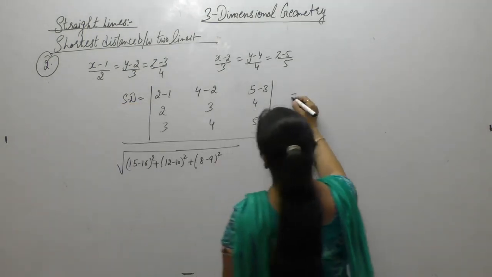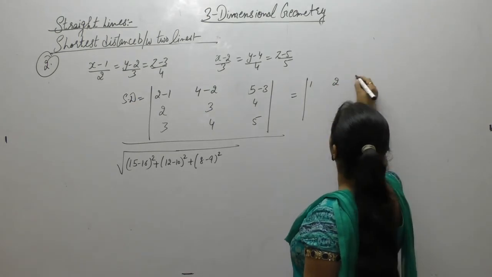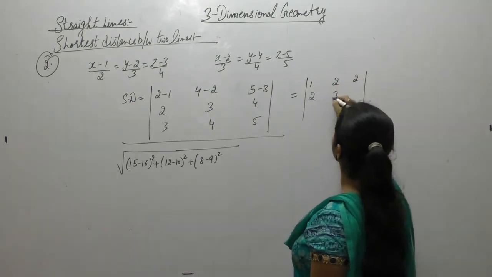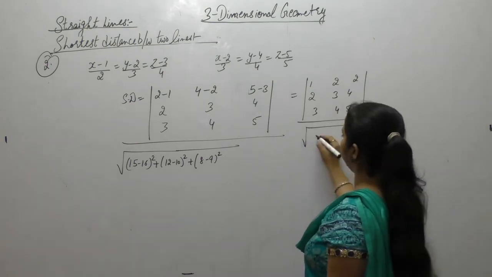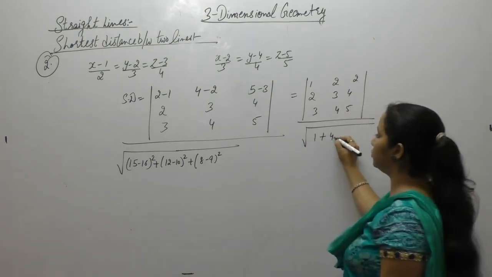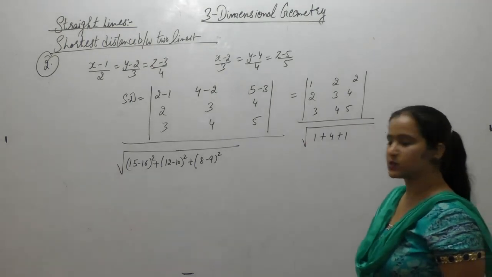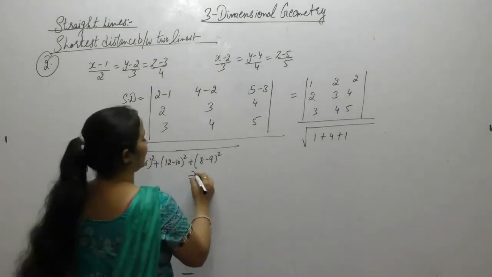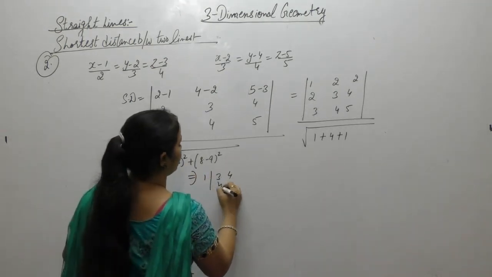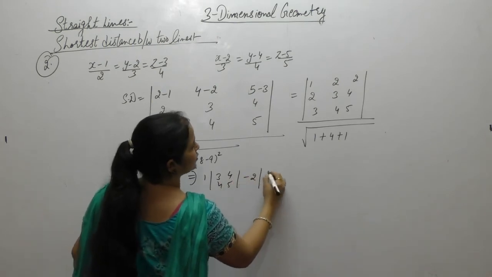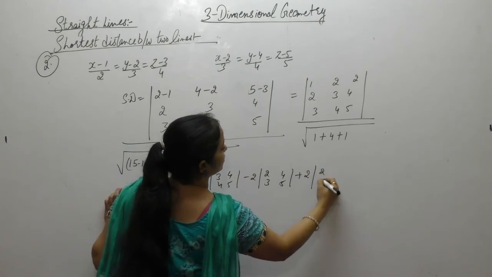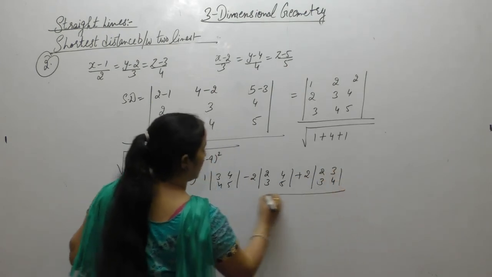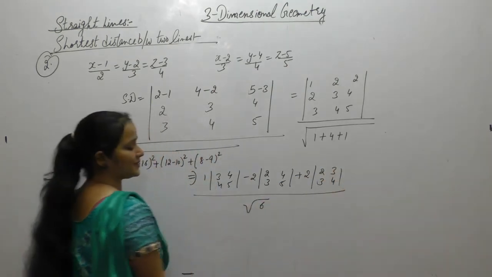So what we get here? 2 minus 1, 5, 2. So 2 3 4, 3 4 5 upon square root of minus 1 square, 2 square, 1 square, square root of 6. Solve the determinant: 3 4, 4 5 minus 2 times 2 3, 4 5 plus 2 times 2 3, 3 4, upon square root of 6.